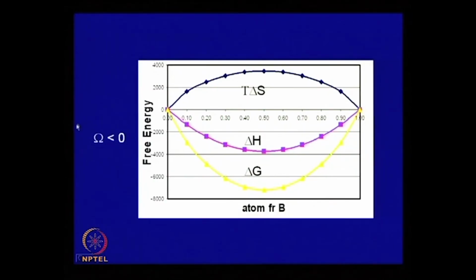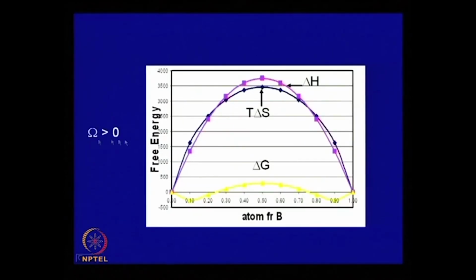When omega is less than 0, this is the type of deviation that you have, whereas if omega is greater than 0, then this is the type of free energy composition diagram you expect. Here both enthalpy and T delta S are in the positive direction and they add up, so you get this type of diagram.